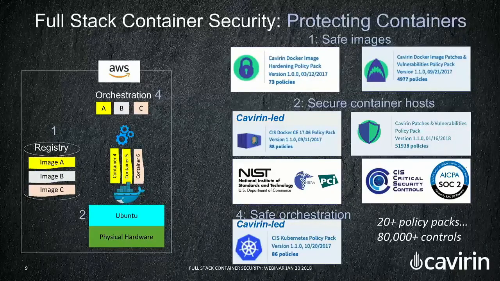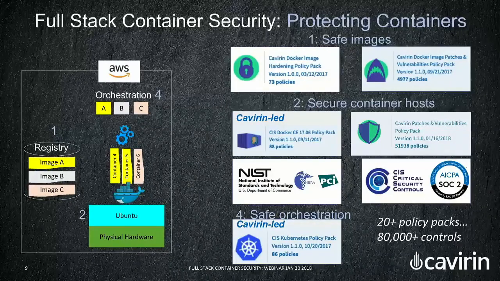The second layer that you see here is around securing the container host itself. So like I said before, a couple of policy packs that are container and container host specific. The CIS Docker benchmark for the Docker Community Edition, that's what you see, which is authored by Cavirin. And then the second, which has to do with patches and vulnerabilities for Linux-based systems, which again you want to apply against your container host.